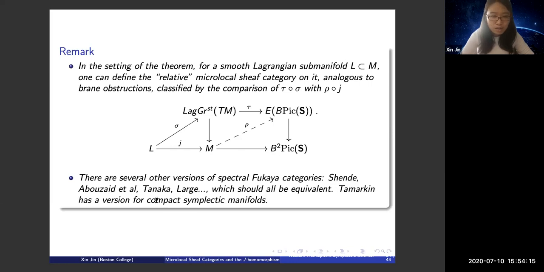And from attending several talks recently, I've learned that Abouzaid and collaborators, and Tanaka and Large have works on constructing spectral Fukaya categories, and maybe some are in progress. So if I understand things correctly, these should all be equivalent. On the other hand, Tamarkin has a version for compact symplectic manifolds, which from my point of view is much more advanced.